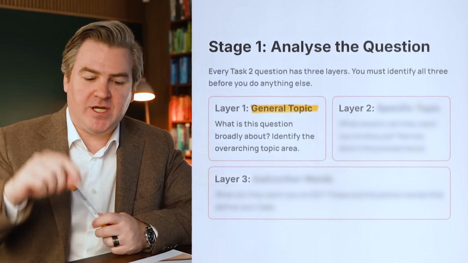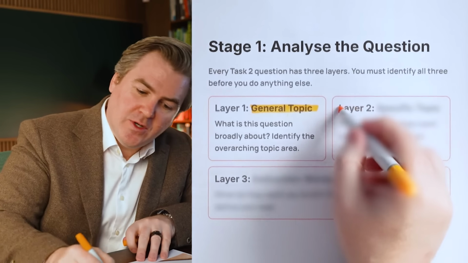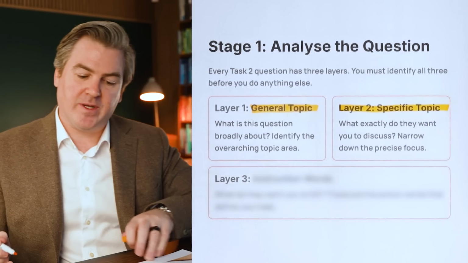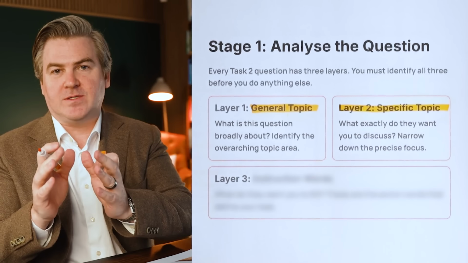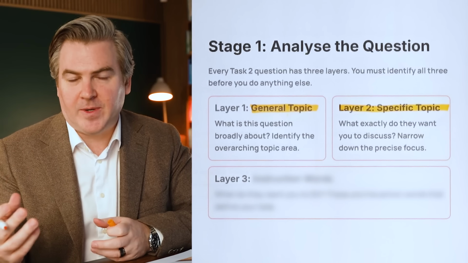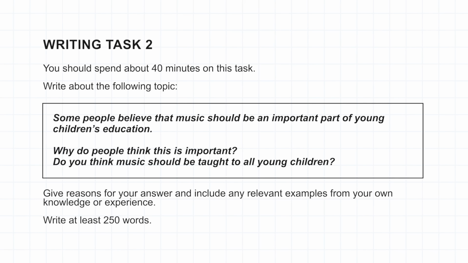Because within that general topic is layer 2, which is the specific topic. You're narrowing your focus to what is the subtopic underneath that. So for example, if the general topic was education, but the subtopic was maybe about music and teaching music to young children, that is not generally about education. That is a very specific thing within the general topic.